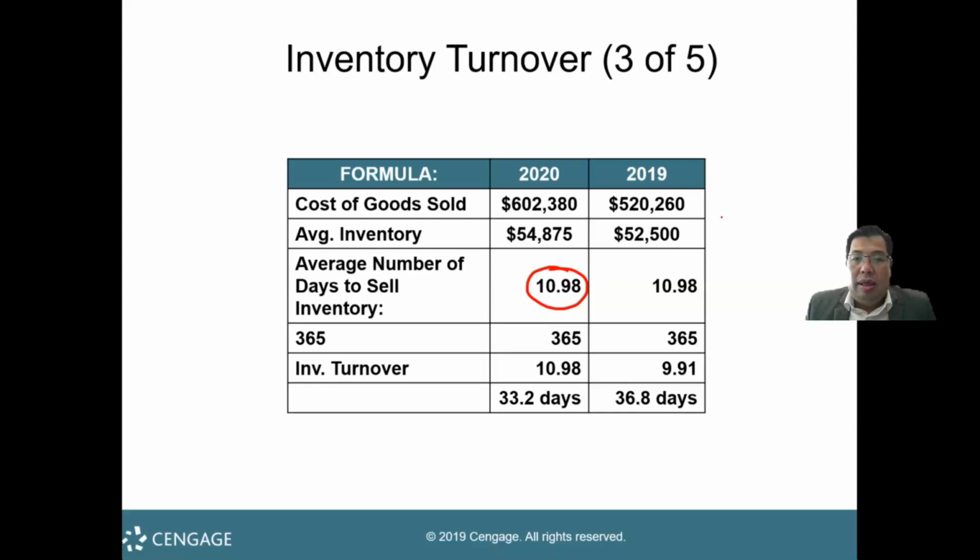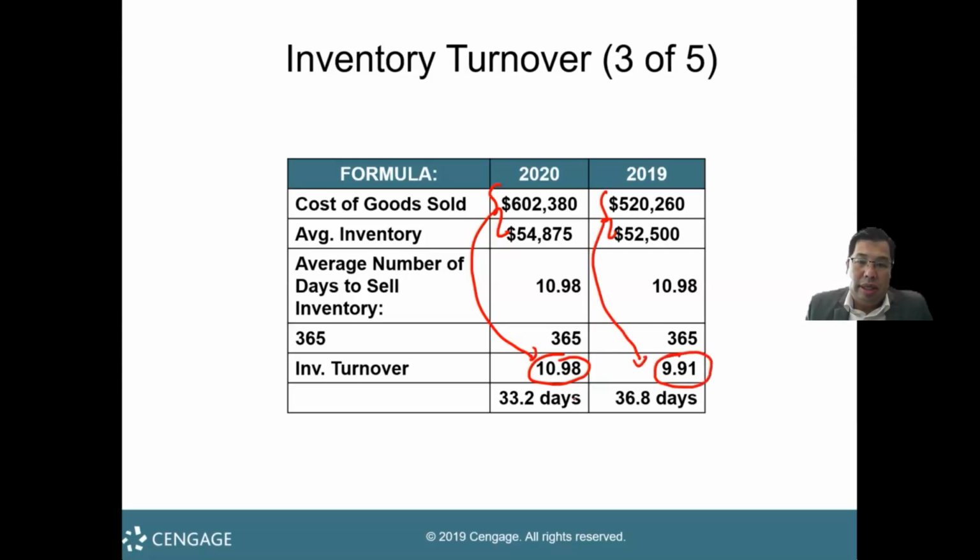And for the year 2019, the answer is 9.9.